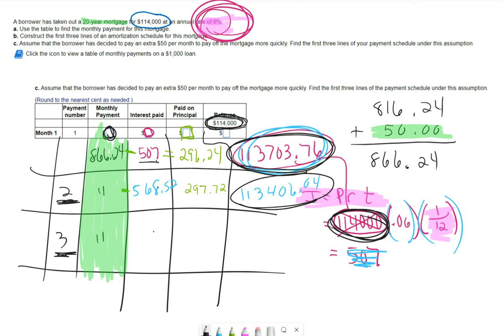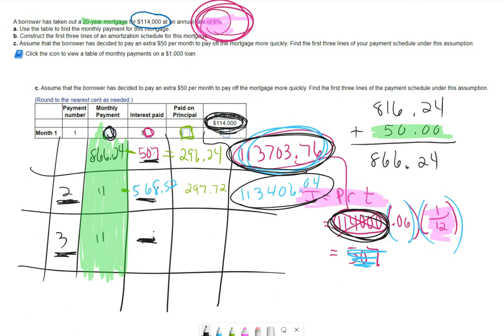And that's going to give you different interests. Now you'll notice it went from 507 to 568 down. This one was 567. The amount of interest that you pay should go down every month because what they're basing the interest on is going down every month. Your balance keeps going down as you're paying it off.